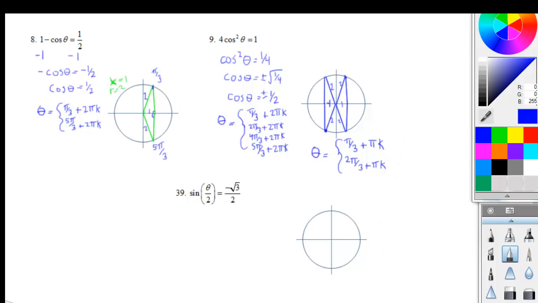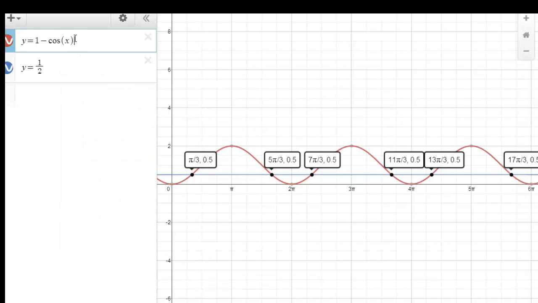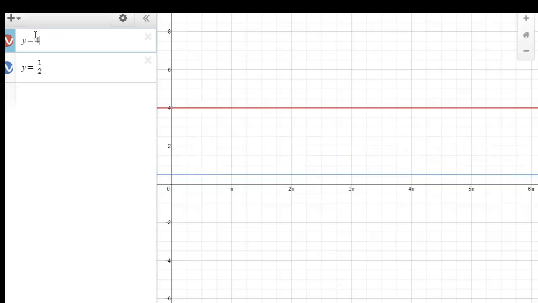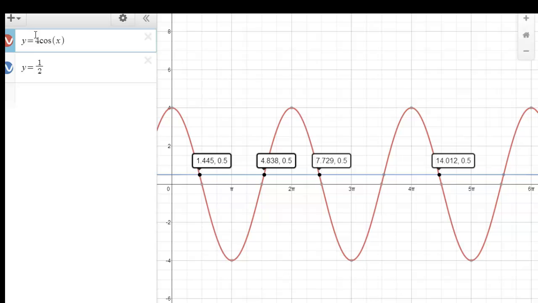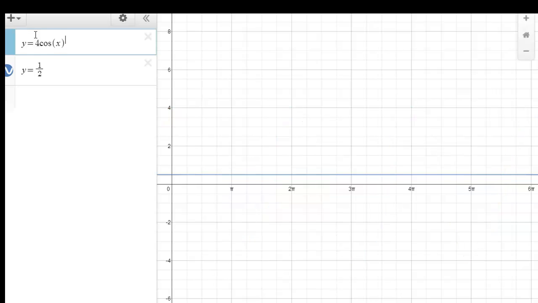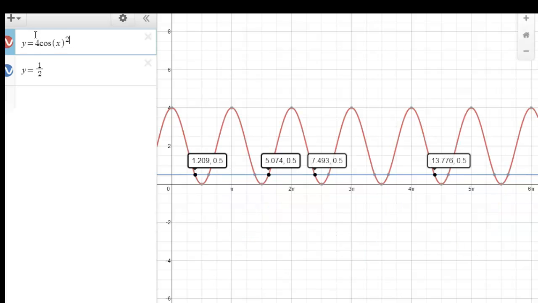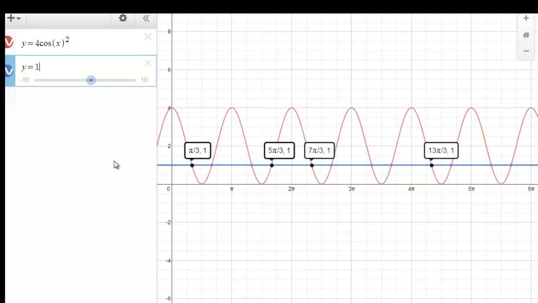Let's check that out. So if we go back over here and change the input equation to 4 cosine x squared equals 1. So is that it?